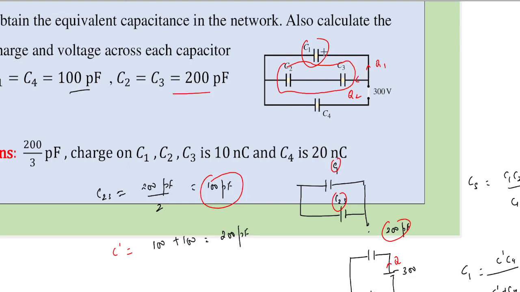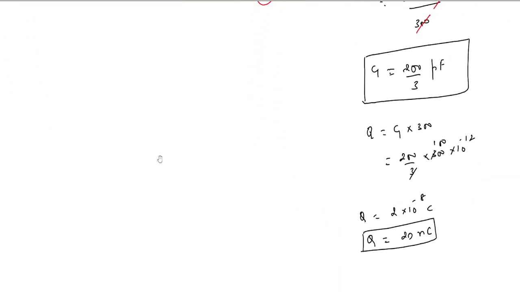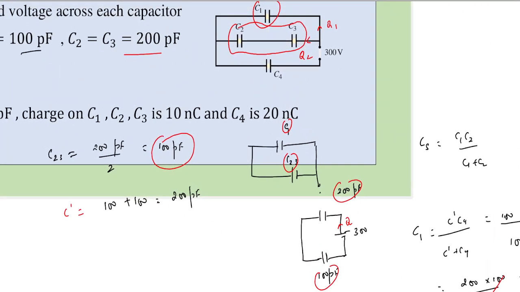So one half goes here, one half goes here. So out of this 20 nanocoulomb, which is Q, it divides. Here Q1 would be half of it, which is 10 nanocoulomb, and Q2 also is equal to 10 nanocoulomb.